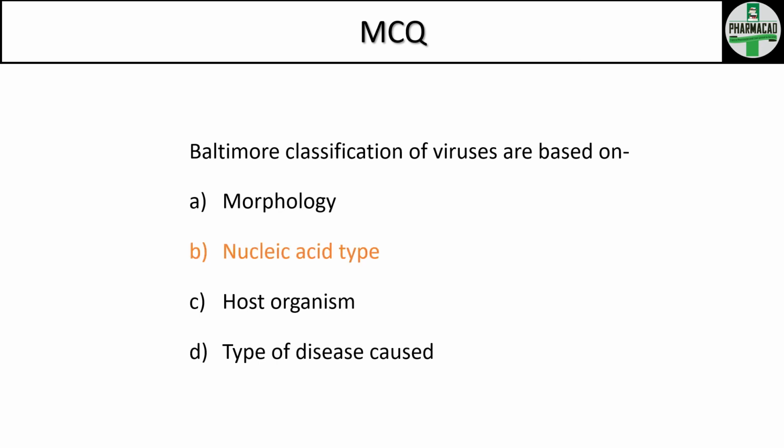The answer is nucleic acid for Baltimore classification, type of nucleic acids. The type of host in which viruses are causing infection, like if it is causing infection in plants or animals or human beings, based on that, the classification is done, and that classification is known as Holmes classification.